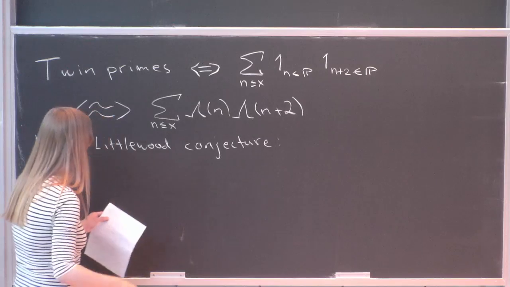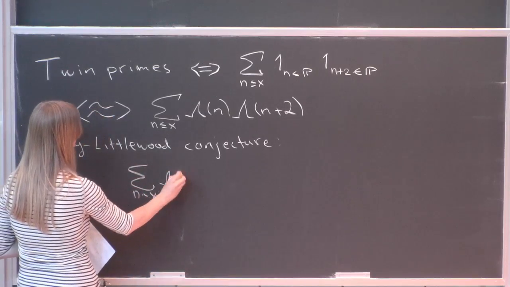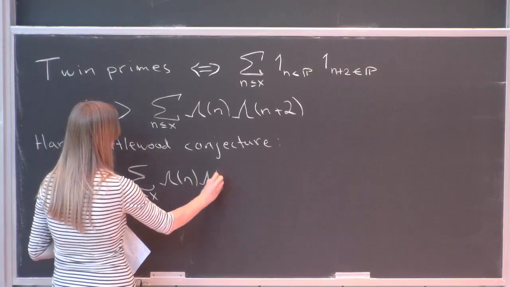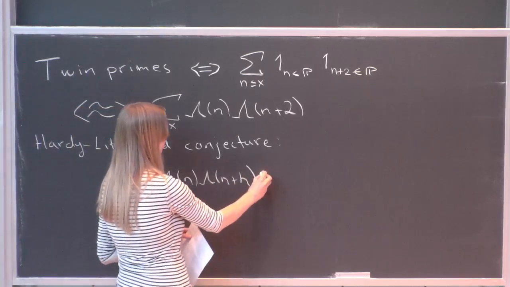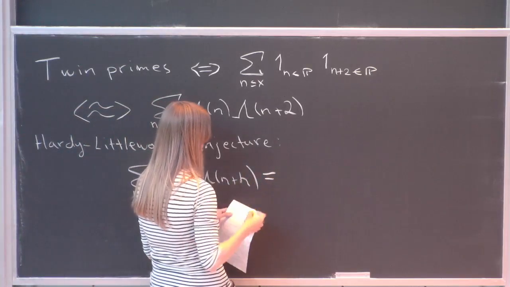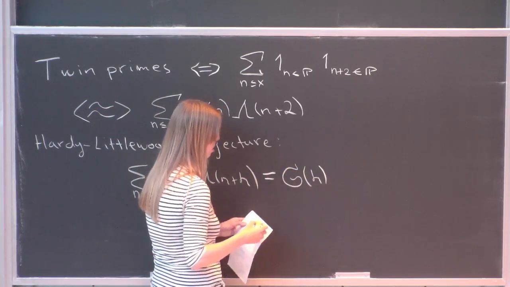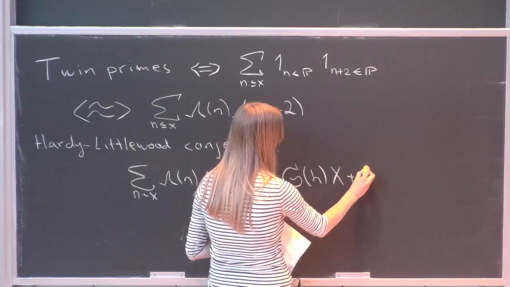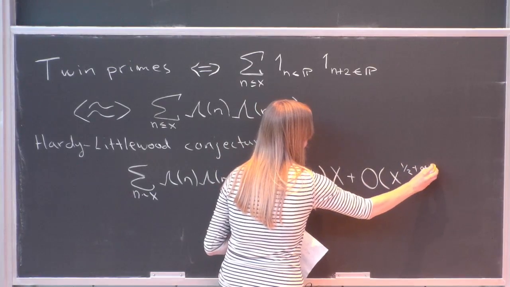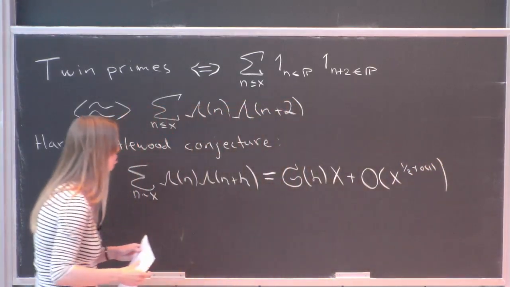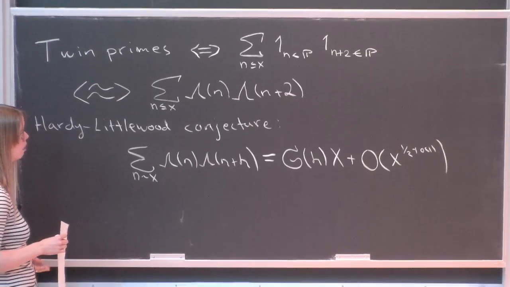It says that if we look at the sum of Λ(n)Λ(n+h), then this should be asymptotic to a singular series depending on h times x, plus big O of x to the 1/2 plus o(1). And of course this would imply that there are infinitely many twin primes and an asymptotic formula for them.